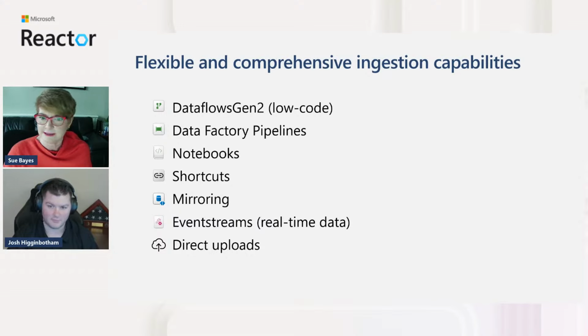Mirroring takes a mirror of your data. Event streams are brilliant. They allow you to pull in real-time data using KQL, and then direct uploads, where you can just drag and drop your uploads into your lakehouse and they sit there.